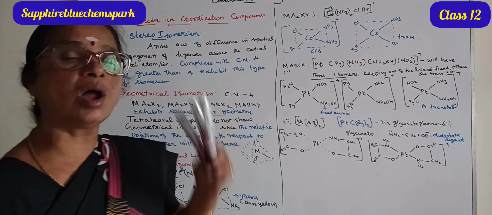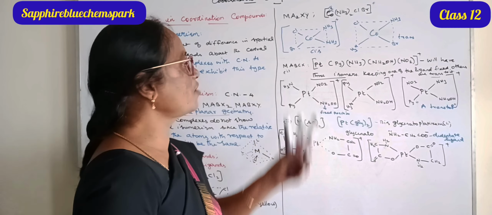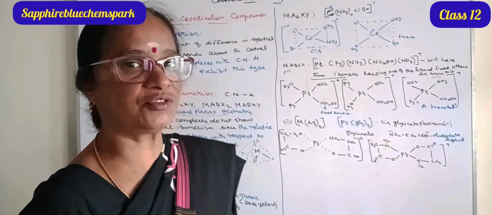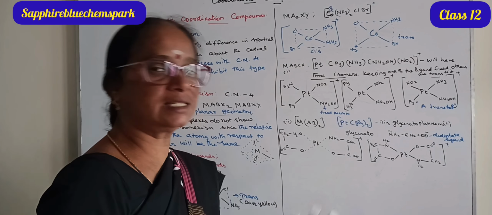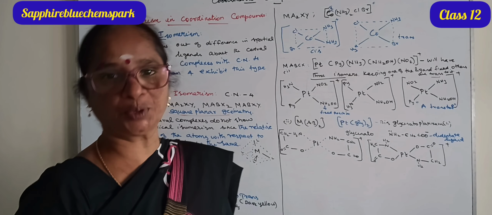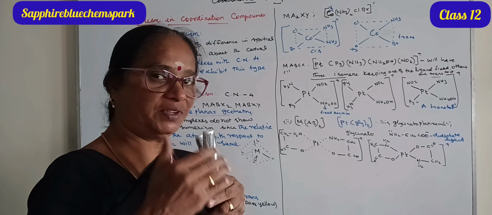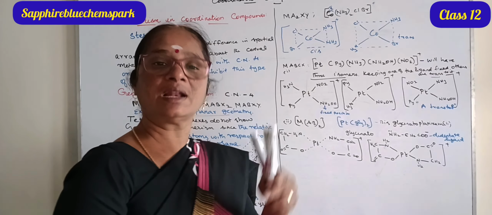In this case, all the 4 ligands are different, and such complexes are capable of forming 3 different isomers, and in these cases one of the ligands is fixed in a position. With respect to the fixed position of the ligand, the other ligands will be referred.